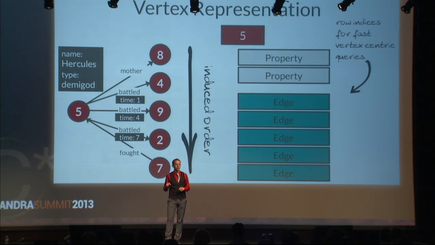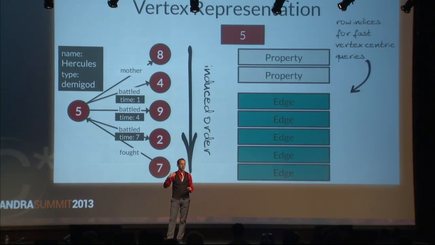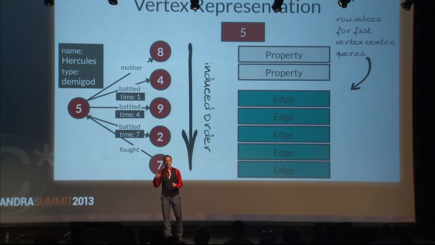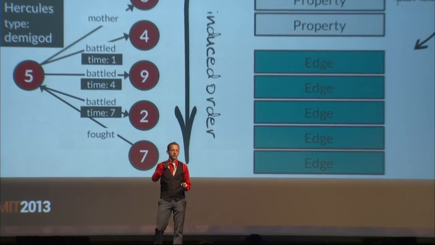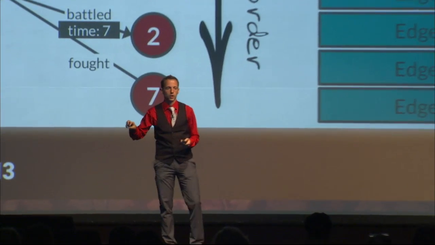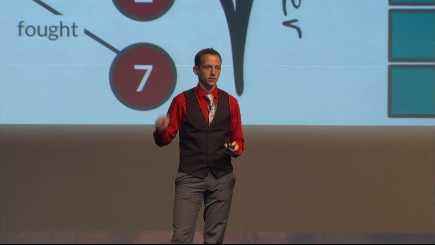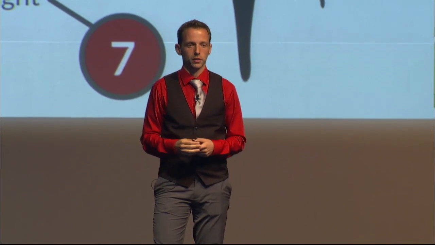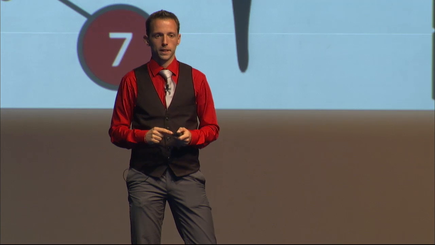What that allows us to do is efficiently query for all of the recent battles that Hercules engaged in, or for all battles that fall in a certain interval. And that makes querying very effective, in particular when you have supernodes, so vertices with large numbers of edges incident upon them. And what this translates into are row index retrievals in Cassandra. So we use the row indexing mechanism that comes with Cassandra to execute those queries efficiently.